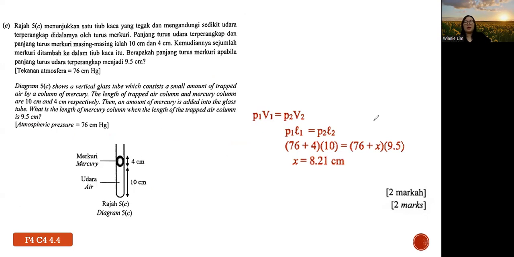Then for P2, we will have 76 plus X, because we don't know the X, the added amount. The added amount will cause higher pressure, and that's why your length becomes shorter, 9.5. So the amount of mercury that we added is about 8.21 cm, meaning it increases from 4 to 8.21.